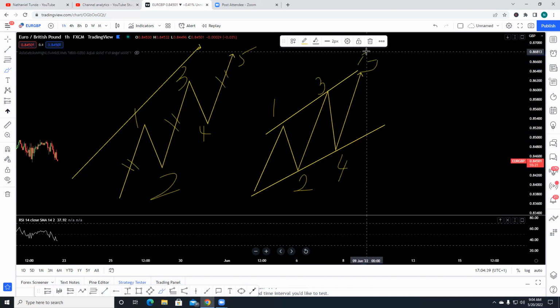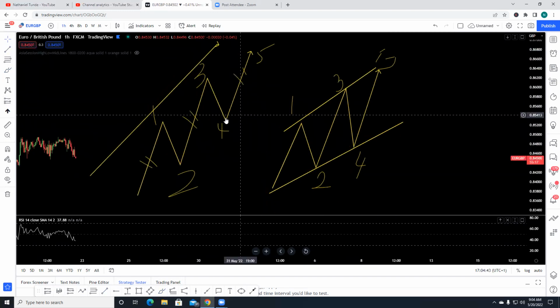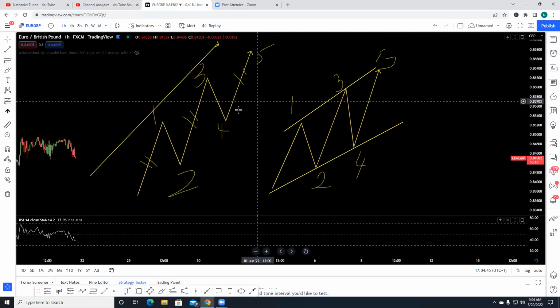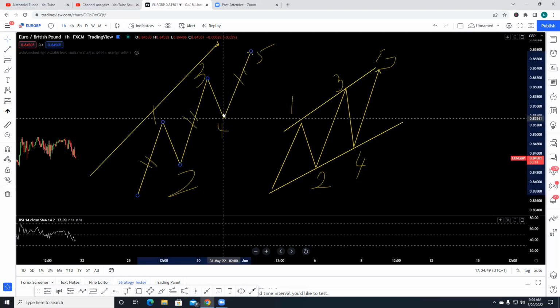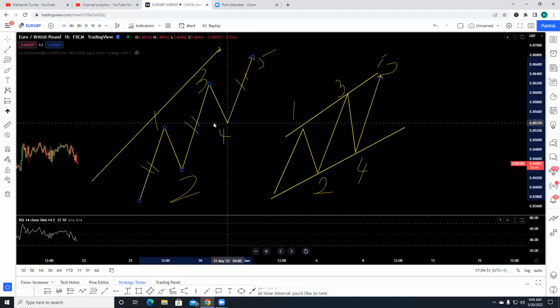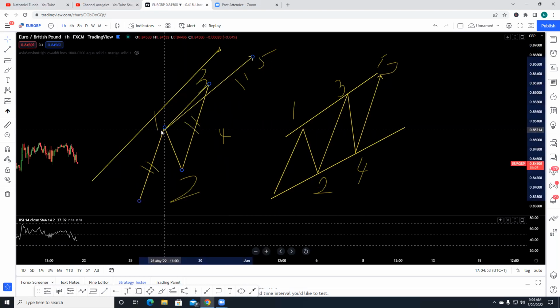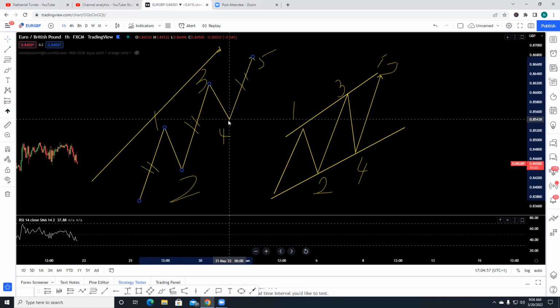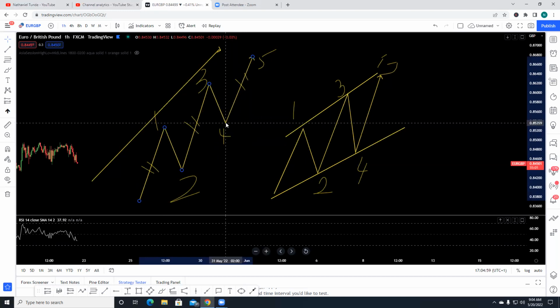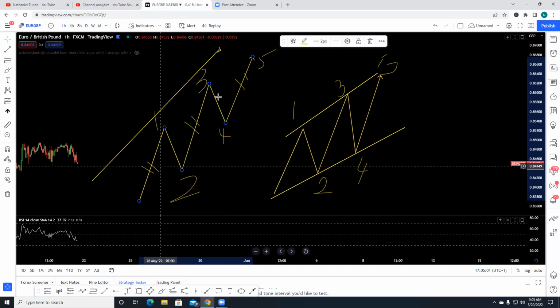As we are going to see later, in the rules that govern the formation of an impulse, wave 4 ends here. This wave 4 in an impulse must not come into the territory of wave 1. Look at where wave 1 ends. It must not come like this. It's not allowed. It must stay like this. When it stays like this, it becomes an impulse.